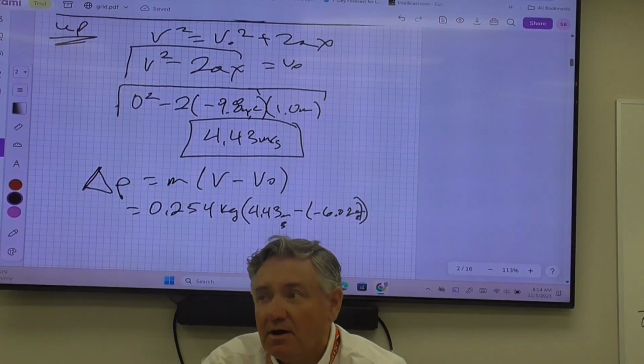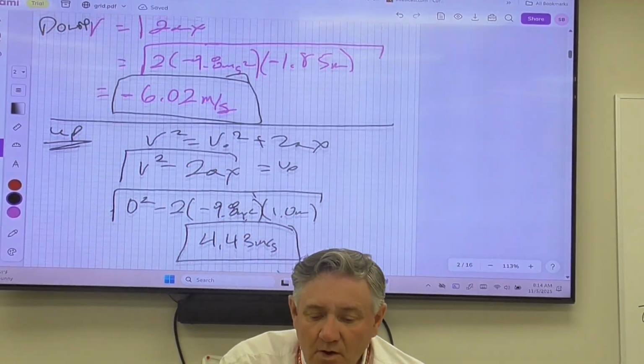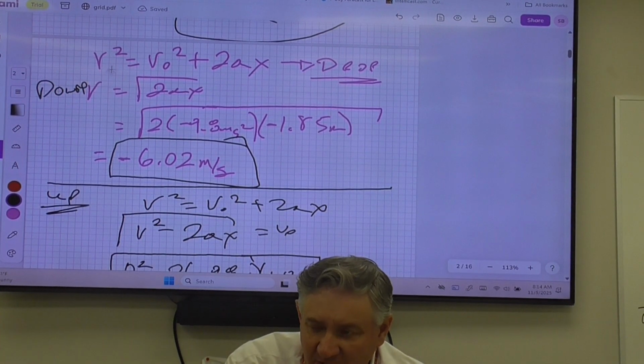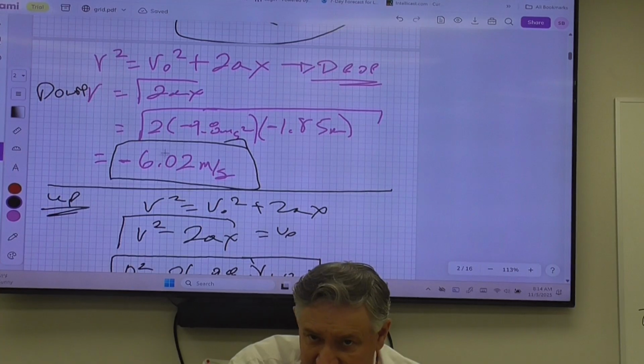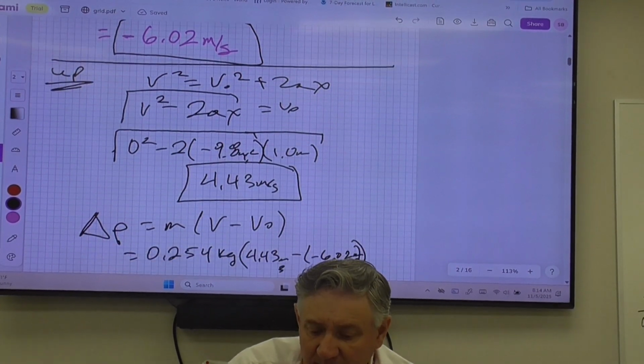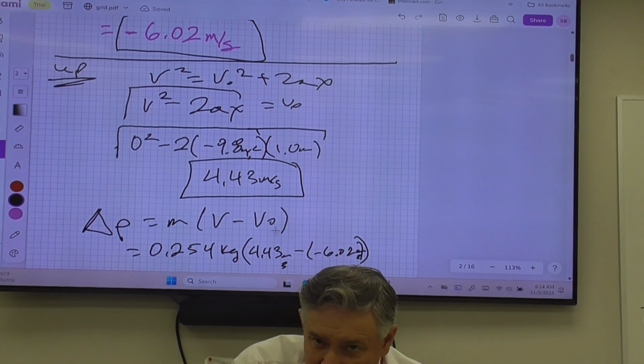So this is where it gets tricky. When you use that equation and you find the final velocity, which was negative 6.02, the final velocity here becomes the initial velocity when it's in contact with the ground.